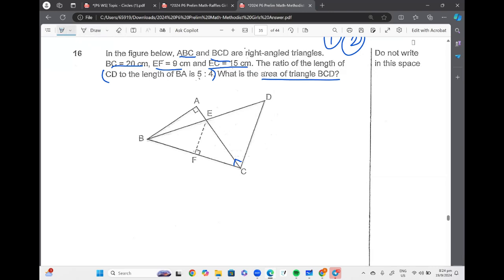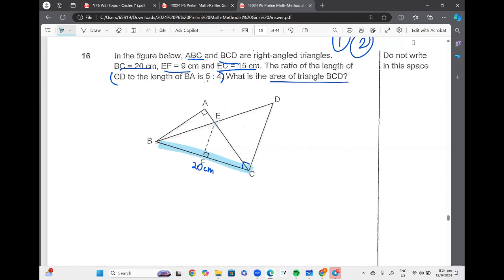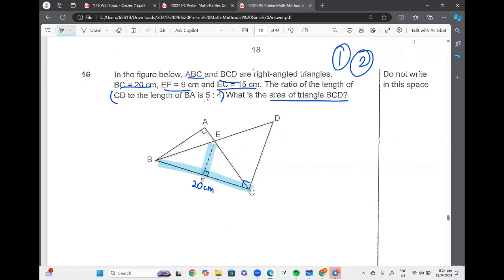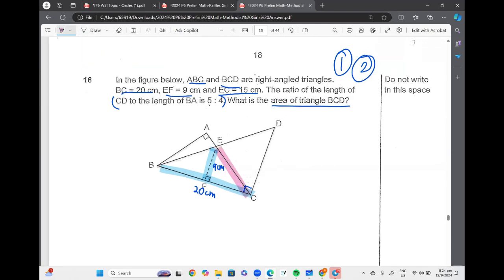I will label what I know first. BC is technically equal to 20 cm. I also know that EF, which is over here, is 9 cm. And last but not least, EC is technically 15 cm.